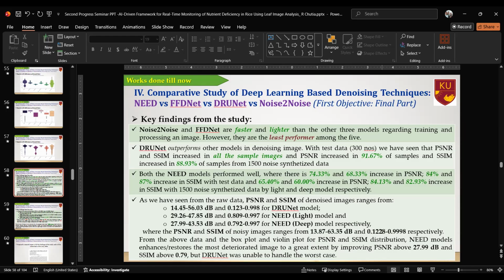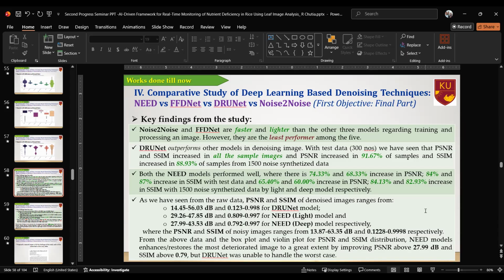And again, if we observe the SSIM, the highly deteriorated noisy image has the SSIM 0.1228, which was improved to 0.123 by the DRUNet model, but in case of NeED-Light and NeED-Deep model, it was improved to 0.809 and 0.792.